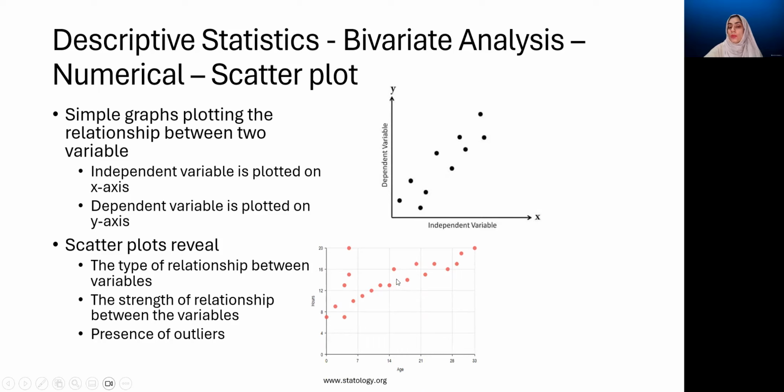Of course, that line is not going to cover all of these dots, but you still see a definite pattern. So that tells you that there is a relationship between these variables which have been plotted, which in this case are age versus the hours that a person is sleeping for.